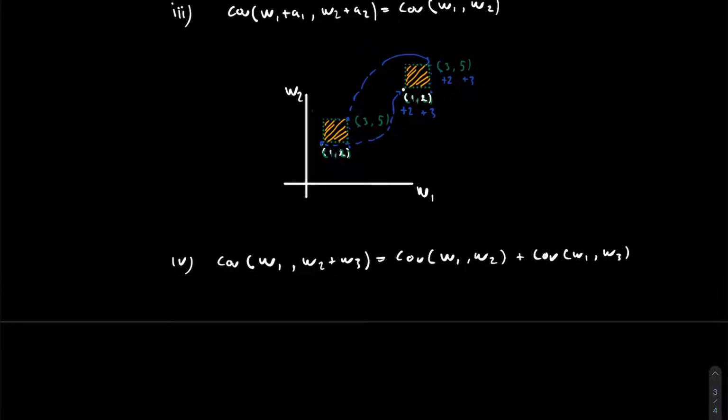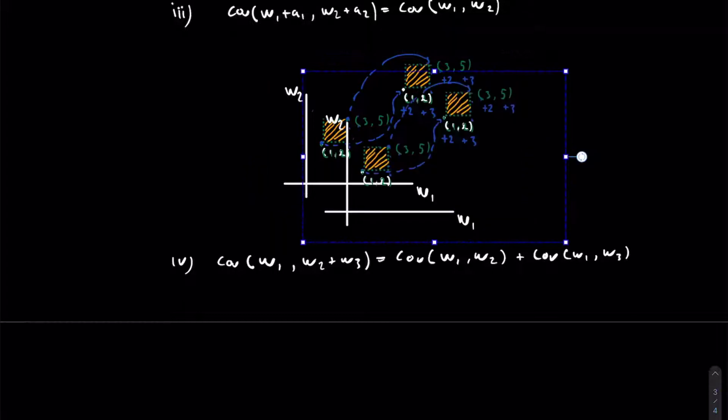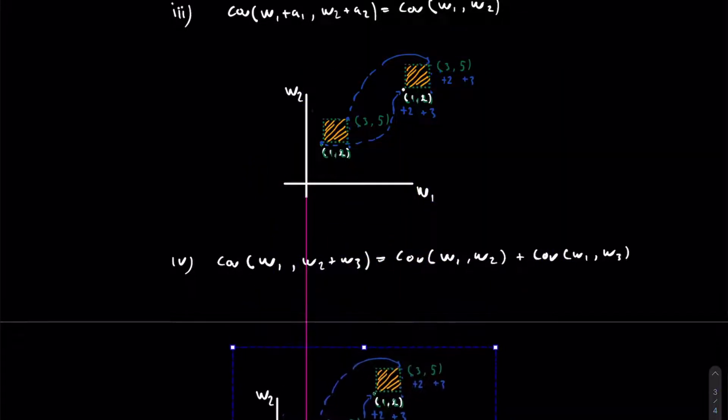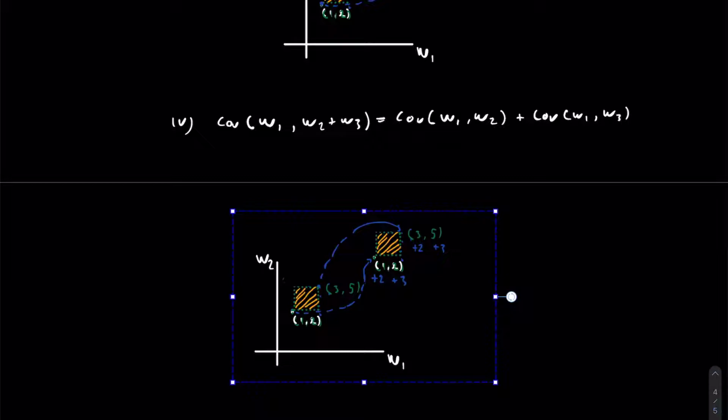So let me just copy this, like so. So what we have here, we first have this rectangle appearing here, but we also have another rectangle appearing somewhere else. So for every realization of W1, we also have a realization of W2 and W3.